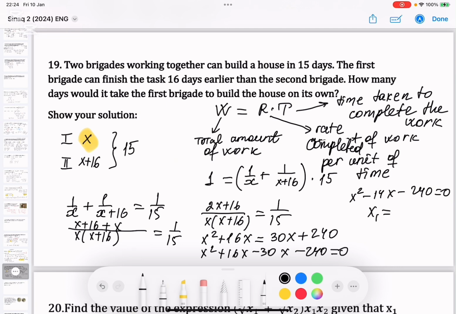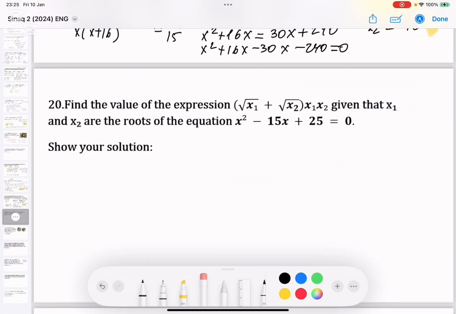So the sum of the two roots is positive 14, and the product is negative 240, so the roots are 24 and negative 10. So our answer is 24, which means that the first brigade can build a house in 24 days working alone.